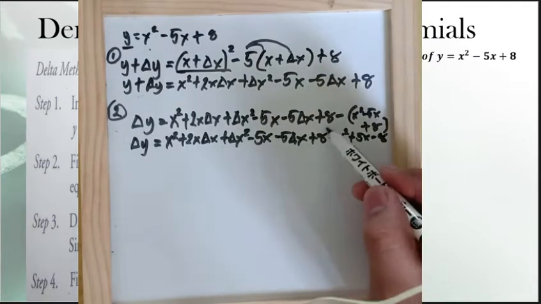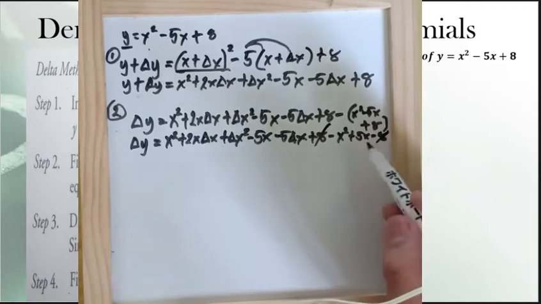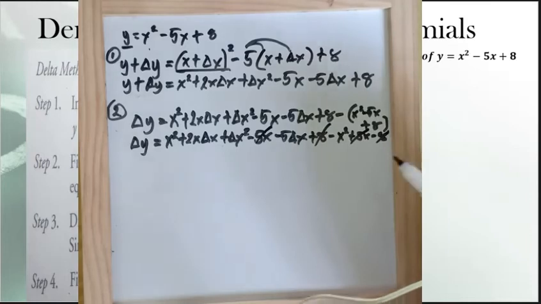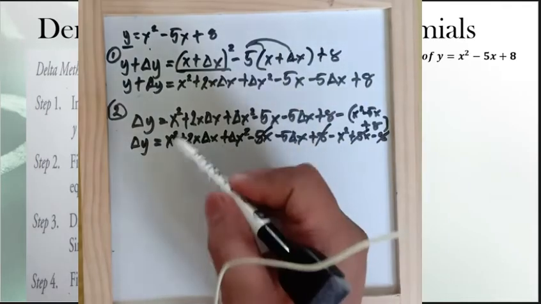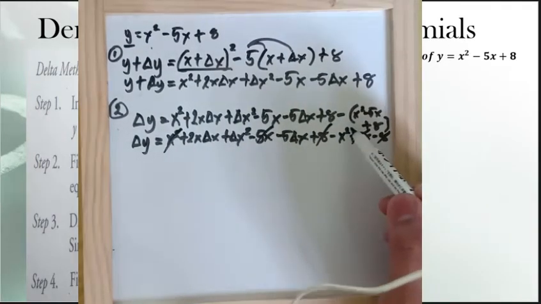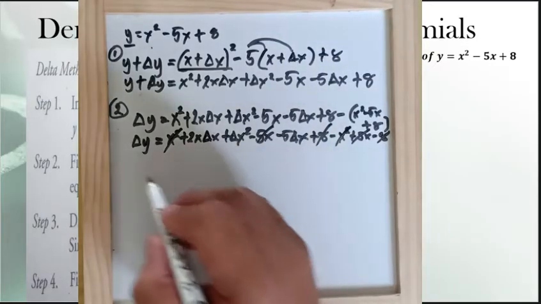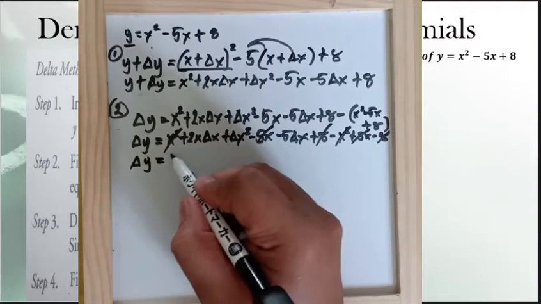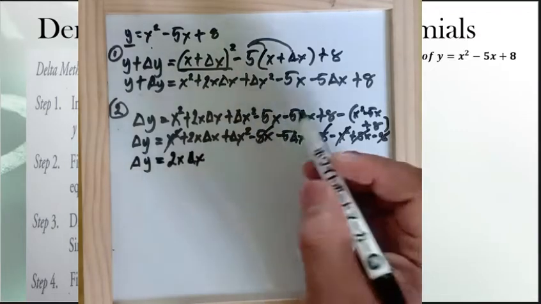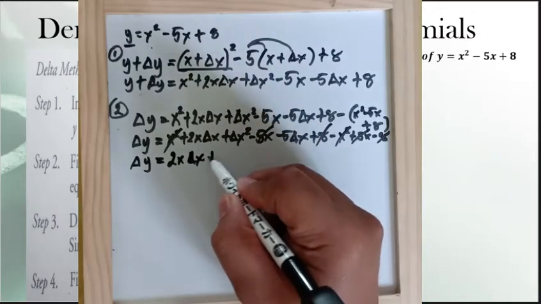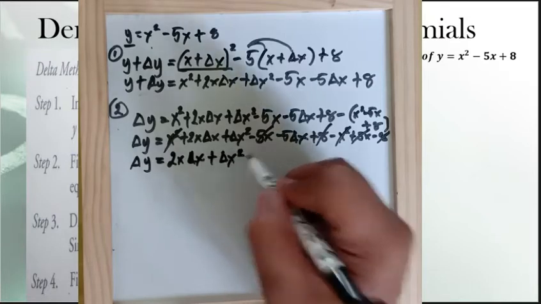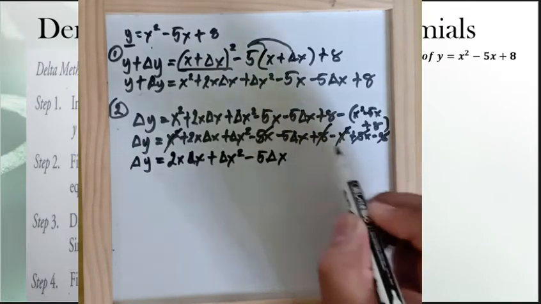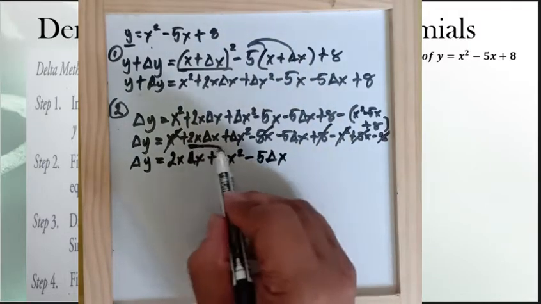So we have positive 8, negative 8, cancel it. We have positive 5x, negative 5x, cancel also. We have positive x squared and negative x squared, cancel also. So we are now at delta y is equal to 2x delta x plus delta x squared minus 5 delta x. So that's it.